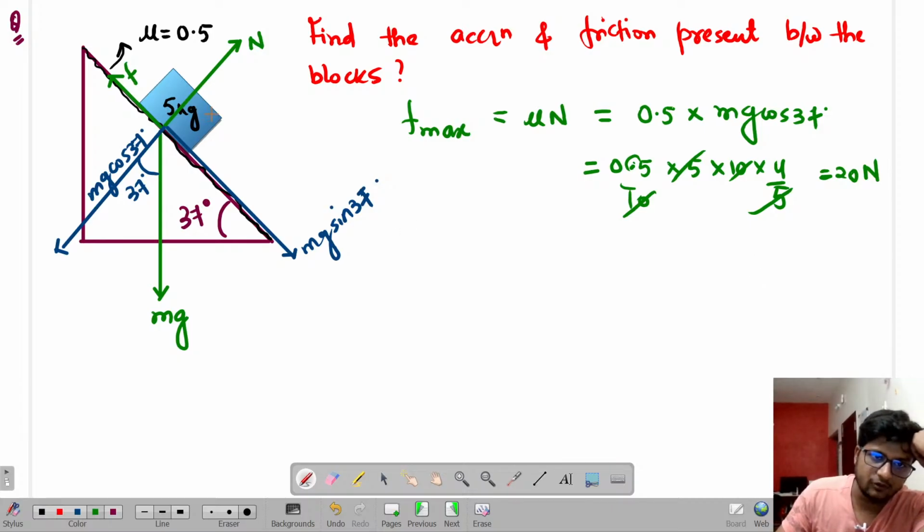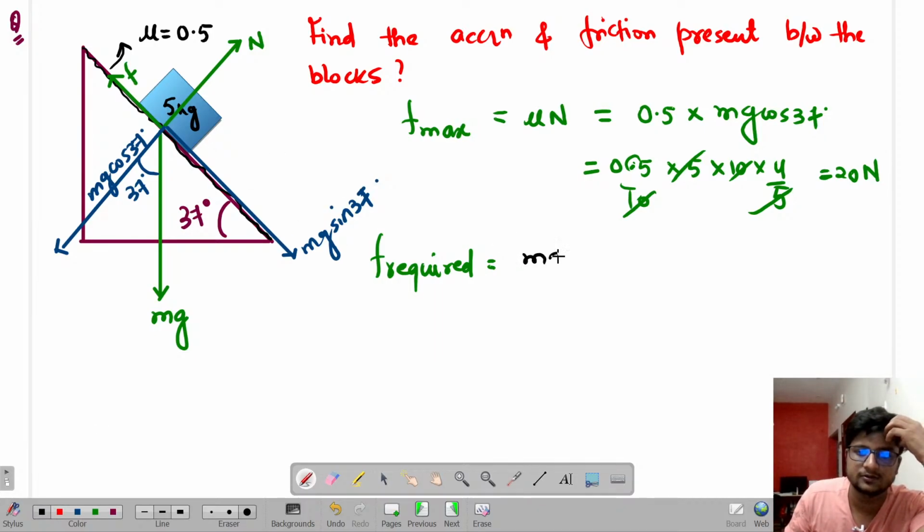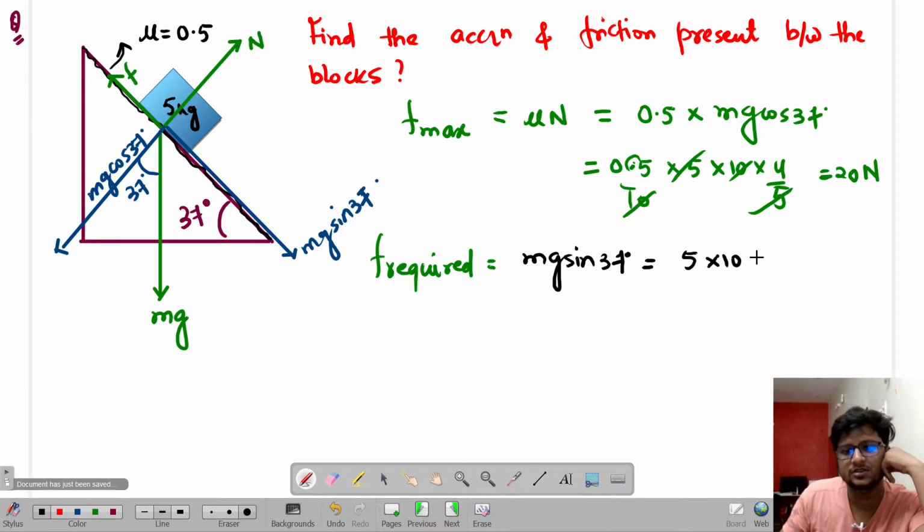Now I want to find f required. See, how much friction is required to stop it? That is exactly equal to mg sin 37, correct? If I can supply mg sin 37, the body will never move. Mass is 5, gravity is 10, and sin 37 is 3 by 5.